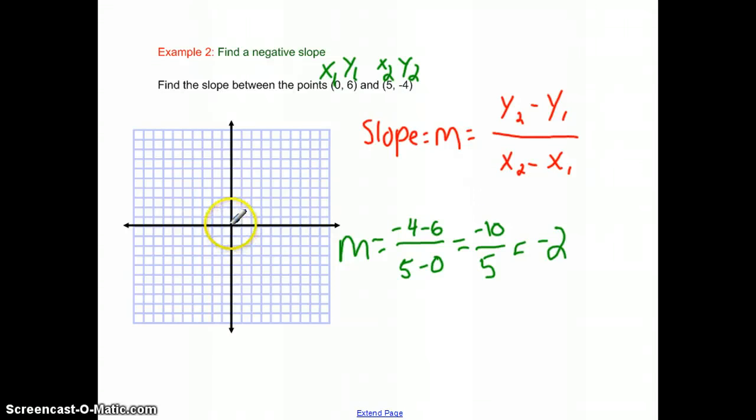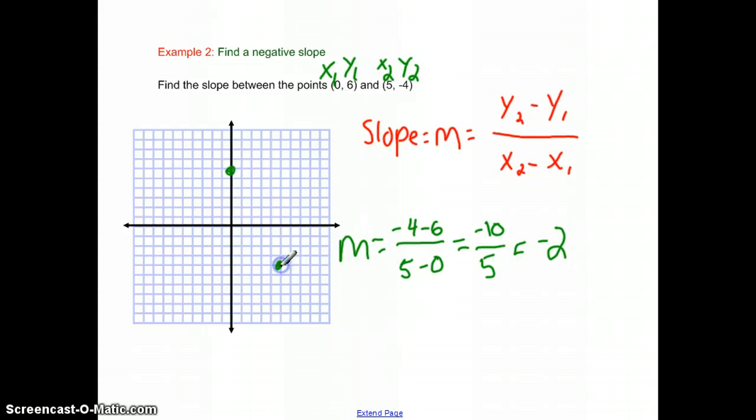If we graph these over here, 0, 6 is right here. 5, -4 is right here.